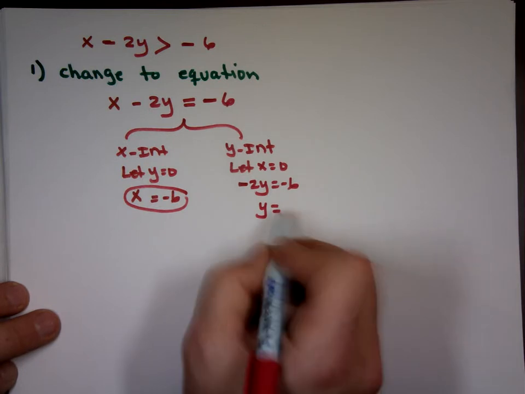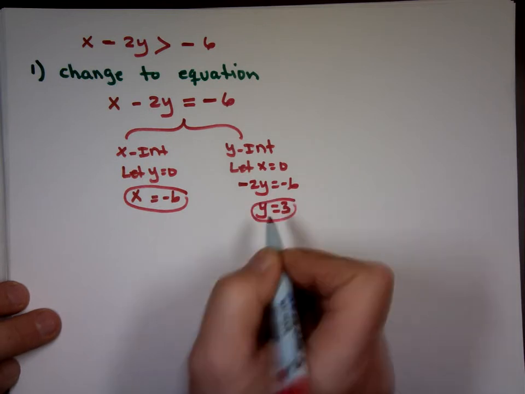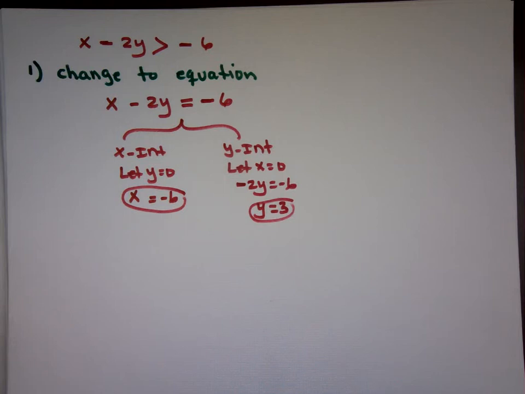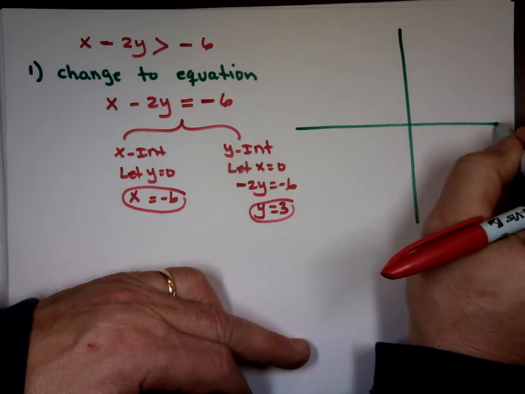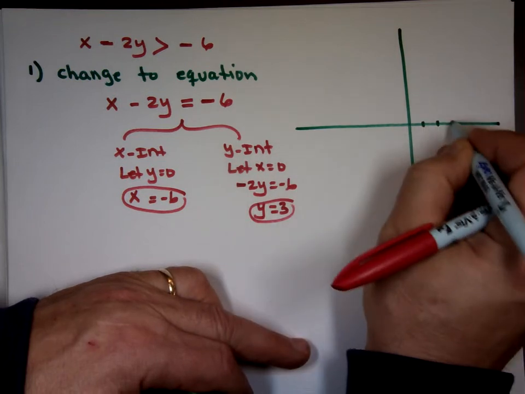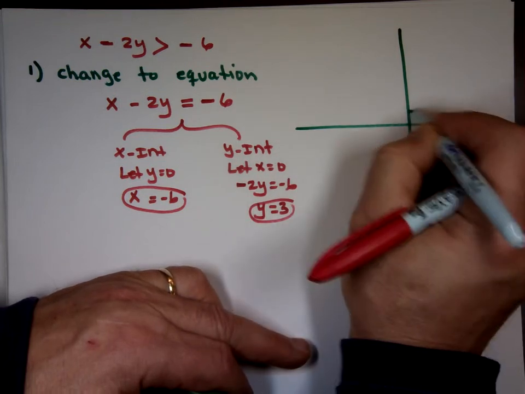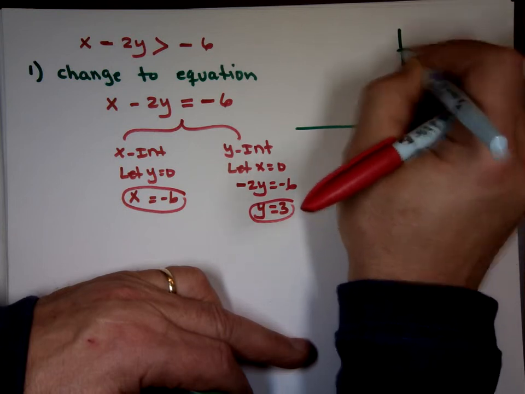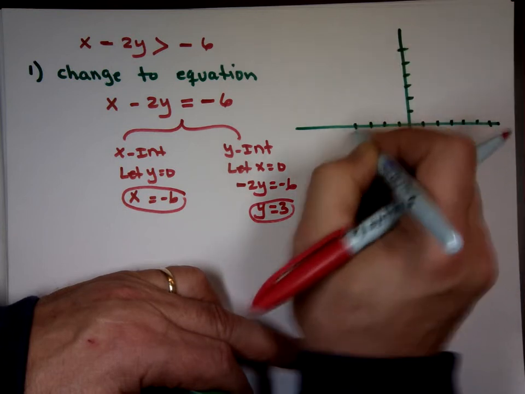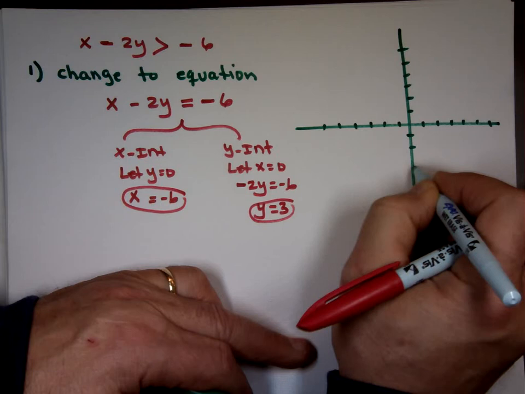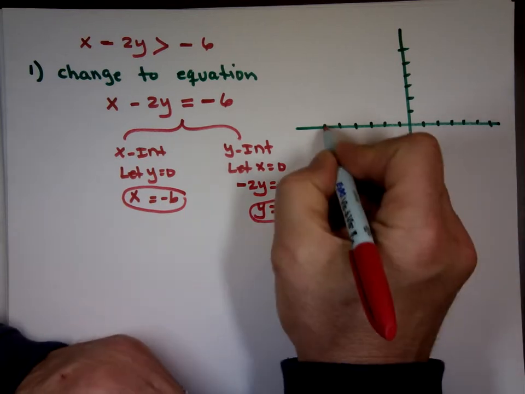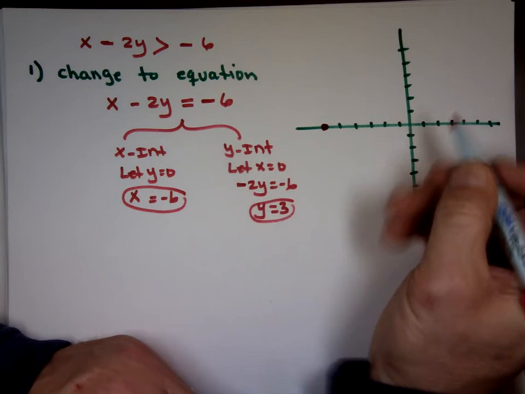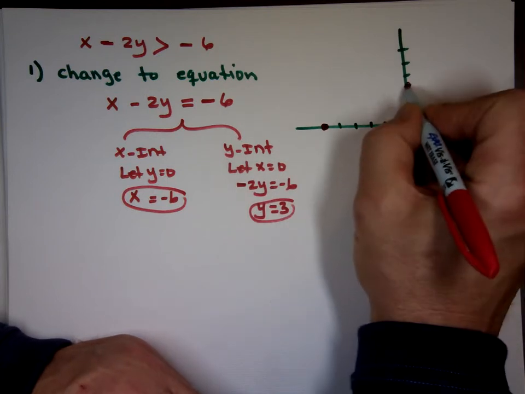Good. Because negative 6 over negative 2 is positive 3. The x-intercept is negative 6, that's right here. The y-intercept is 3, that's right here.